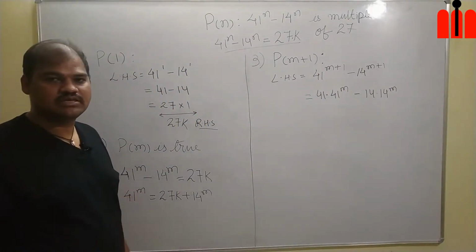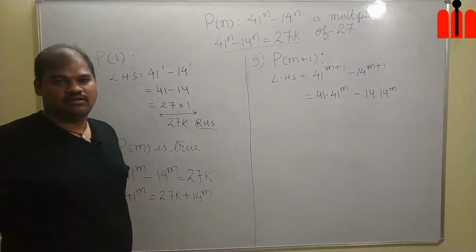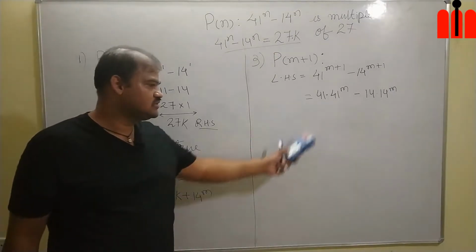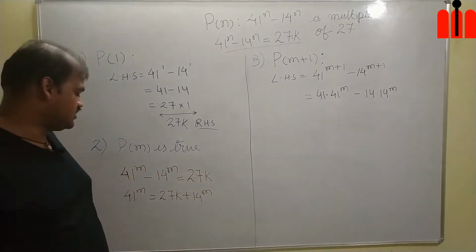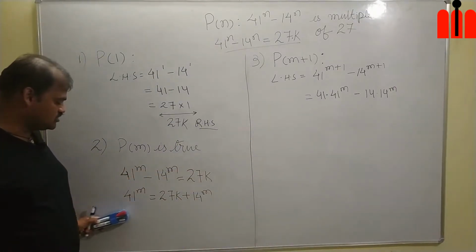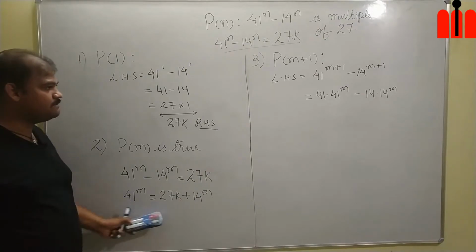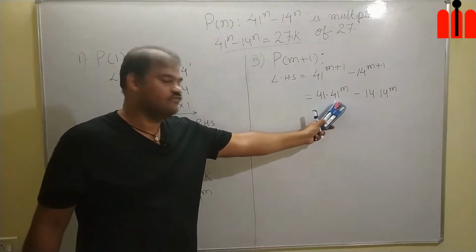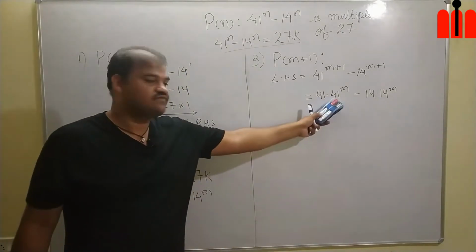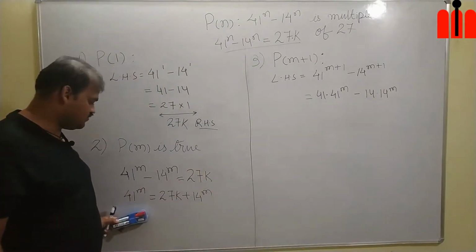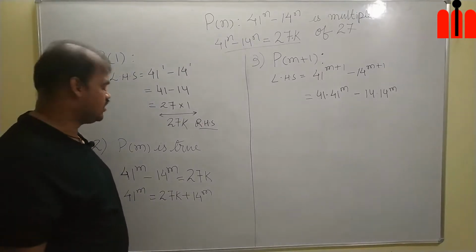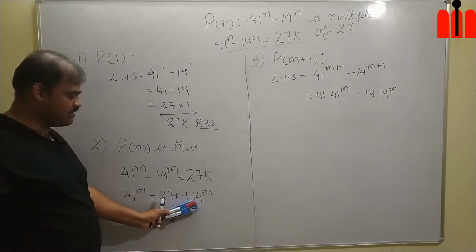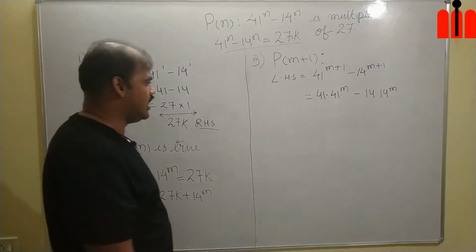Now what is our third step? In the third step, we have to sandwich the second and third steps. So how will we sandwich? We will use this 41 to the power of m in place of this 41 to the power of m. Let's take the value as 27k plus 14 to the power of m.